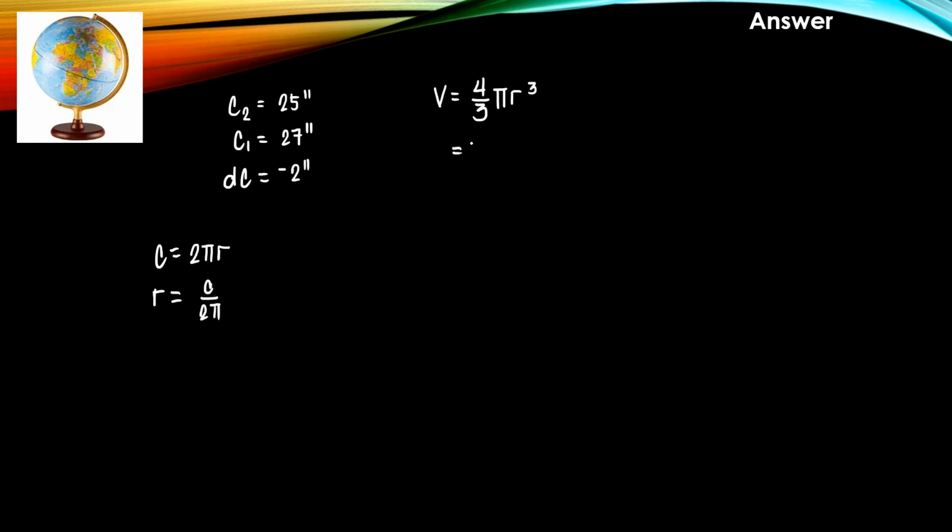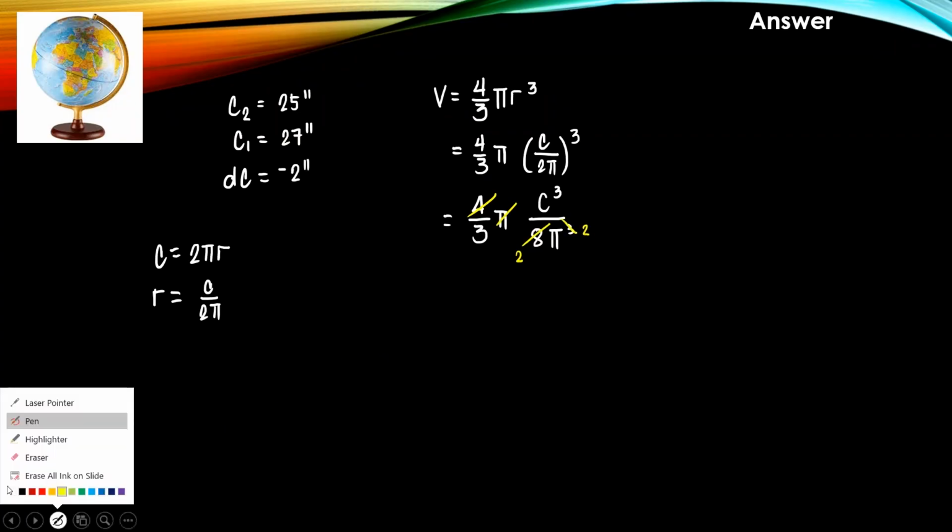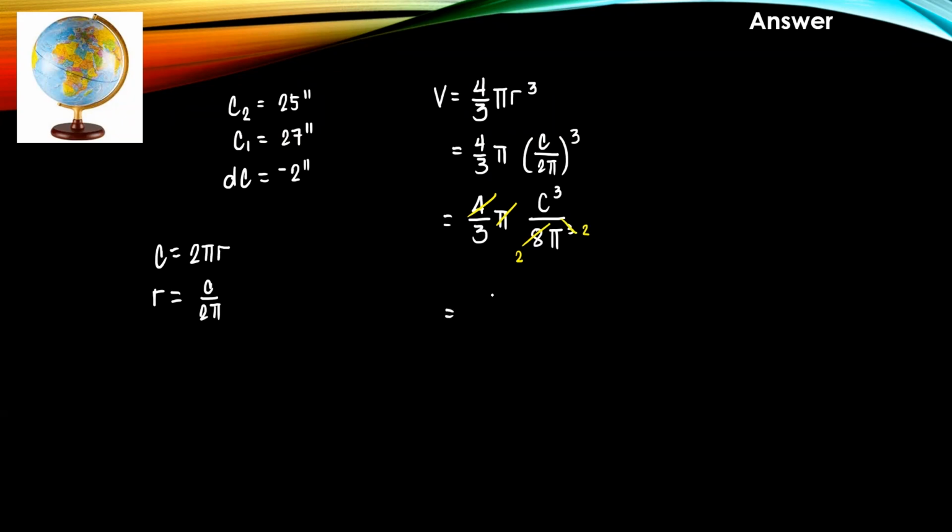So if I replace this with circumference divided by 2 pi, cubed, this is 4/3 pi c cubed over 8 pi cubed. And then let's simplify. That's 2. Cancel. Therefore, this becomes c cubed divided by 6 pi squared.